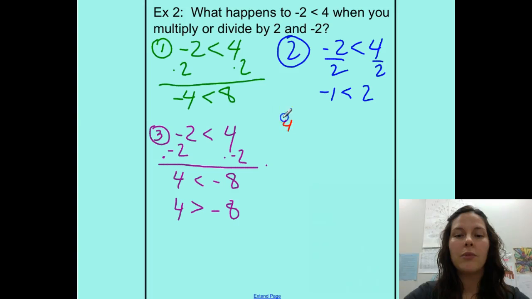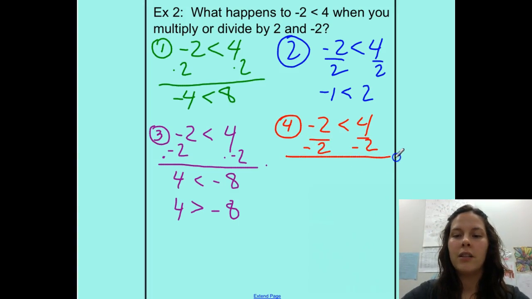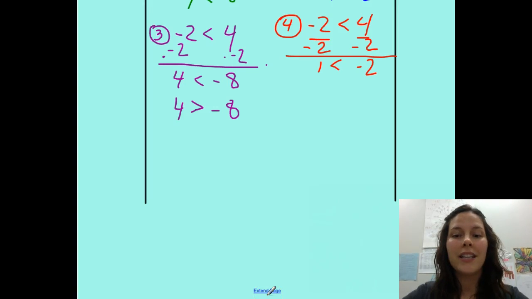And the last one we need to look at is what happens when we divide both sides of an inequality by a negative. So dividing both sides by -2, we get 1 is less than -2. Once again, we got an inequality that is not true. So when we divide both sides by a negative, we need to flip the inequality to make it true.